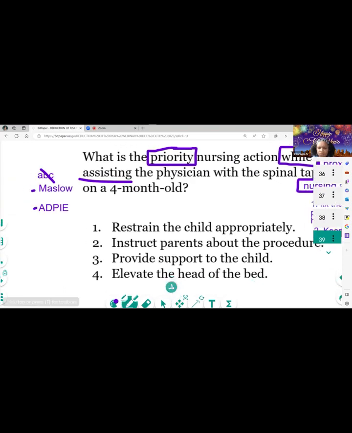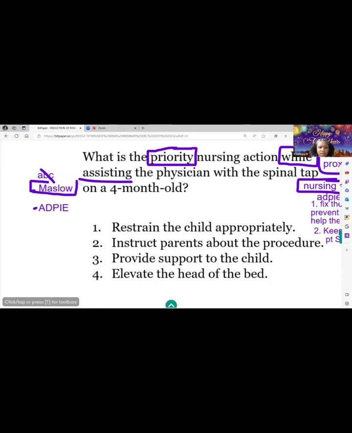More so for nursing action in this case is going to be Maslow's, because in Maslow's needs, we have physical needs, physio, but we also have safety. And safety plays a part in your nursing actions. And she mentioned that in the way that she was strategizing for answers to the question. She said, if in anything, I'd go with what's safe. Go with what keeps your patient safe. So safety is a big thing.